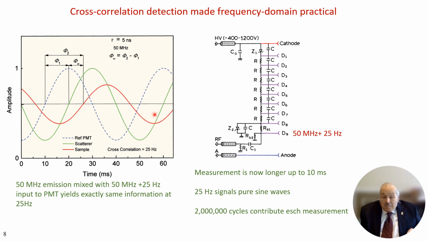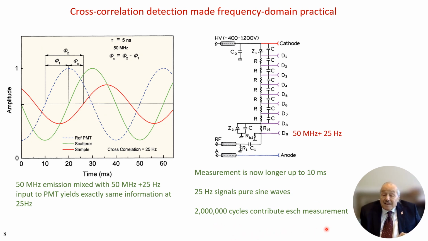Now you have a lot more time to measure, milliseconds rather than nanoseconds. Another advantage is the 25 hertz signal is a pure sine wave. It's not easy to get a pure sine wave in these high frequency signals, but this cross-correlation method, the second generation of it, made things into pure sine waves.